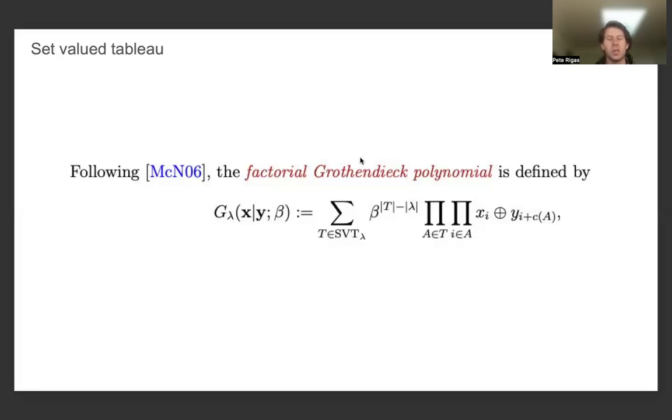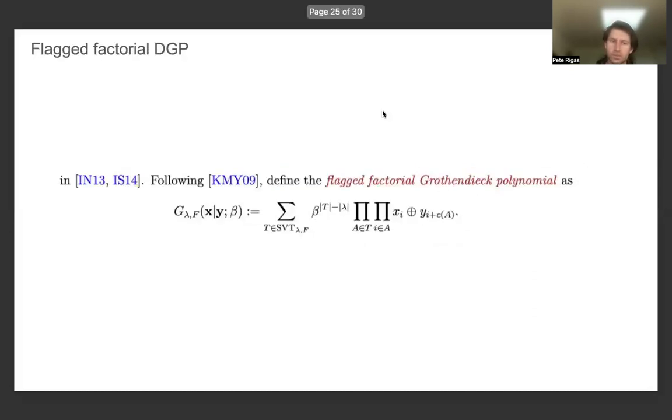So this is demonstrating how we started from the extended polynomial, we established an equivalence with the double Grothendieck polynomial, and then when we transition from integer value tableau to set value tableau, the summation over set value tableau of shape lambda is given in terms of a factorial Grothendieck polynomial.